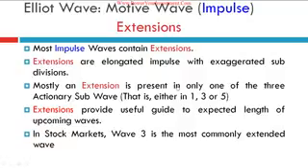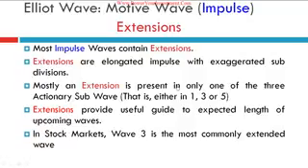This point will be clearer in the next slide, where we'll take an example of an extension. At this juncture, all you need to know is that within the 5-wave structure, out of which waves 1, 3, and 5 are impulse waves, there will be one wave, either 1, 3, or 5, which will have a prolonged extension.